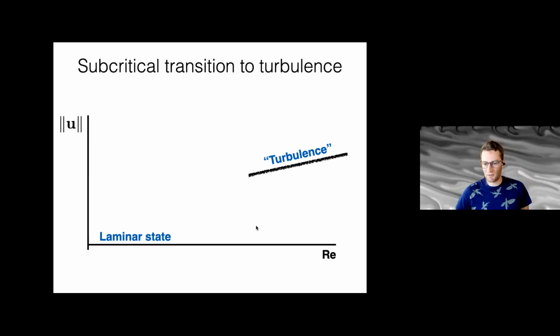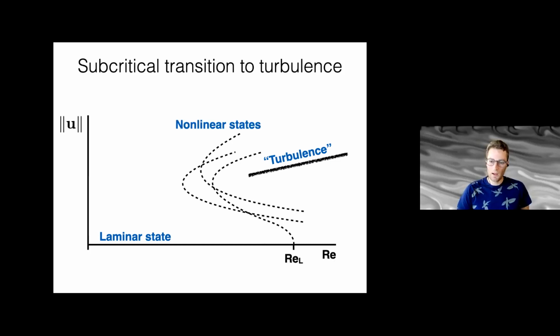The laminar state, in many of these cases, remains locally attracting, but not globally. But at smaller Reynolds numbers, there come into existence unstable nonlinear states, traveling waves, periodic orbits. Depending on the particular configuration, these may or may not connect to the laminar state in a linear instability.